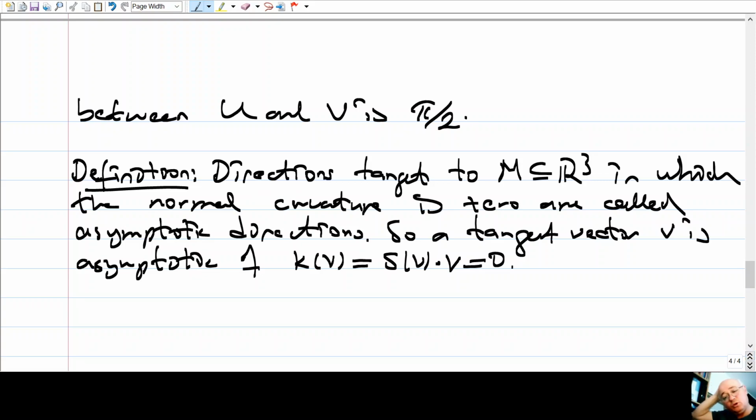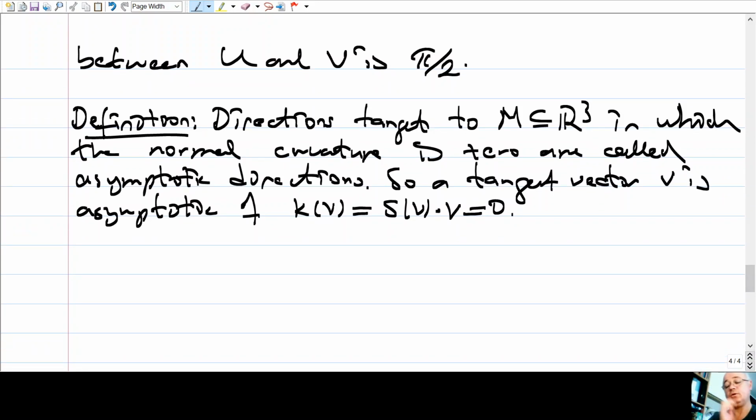Asymptotic directions are, of course, the directions where the normal curvature is 0.